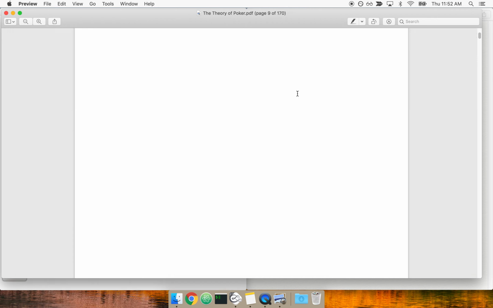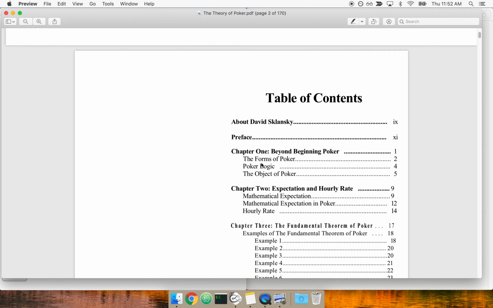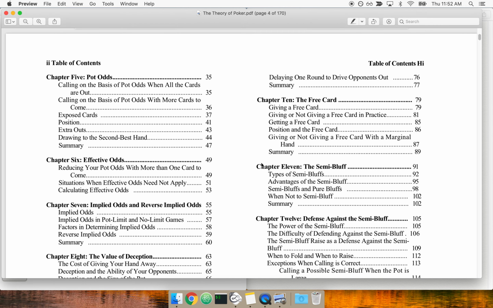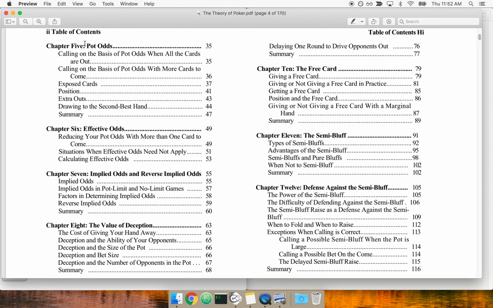I'm going to go to the table of contents. Yeah, chapter 5 talks a lot about pot odds. Chapter 6 talks about effective odds, and chapter 7 talks about implied and reverse implied odds. So if you want to dive into this in a little bit more depth, I would encourage you to check out his book.